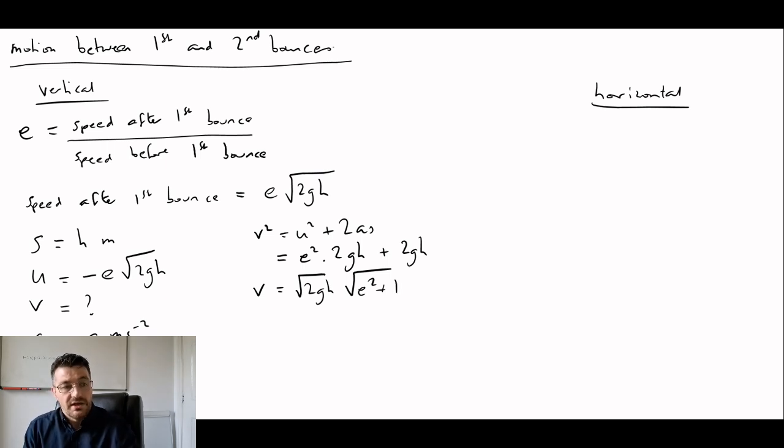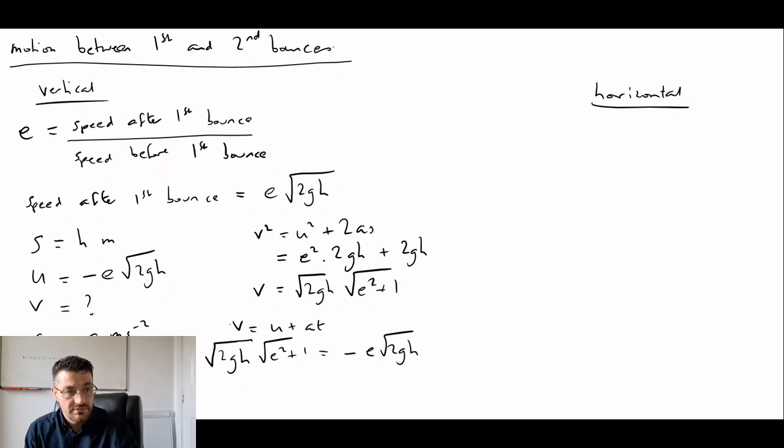And therefore, using now v equals u plus at, we get that the square root of 2gh times the square root of e squared plus 1 is equal to minus e times the square root of 2gh plus gt.